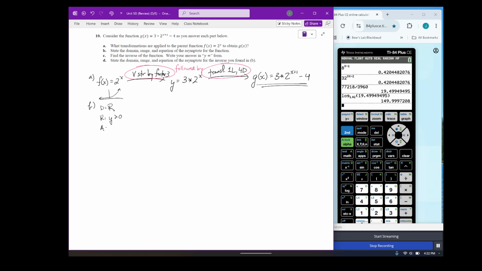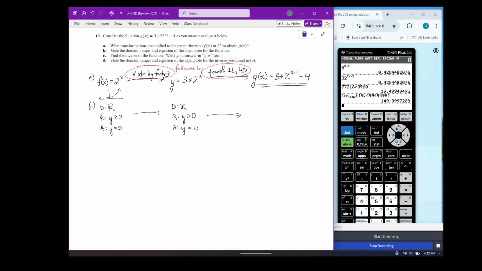And the asymptote, y is 0. So then in order to get the stretch by 3, that only multiplies y's by positive 3. So the x's don't change. They're still all real numbers. The y's, well, y is still greater than 0 because 0 times 3 is still 0. And the asymptote is still y equals 0.